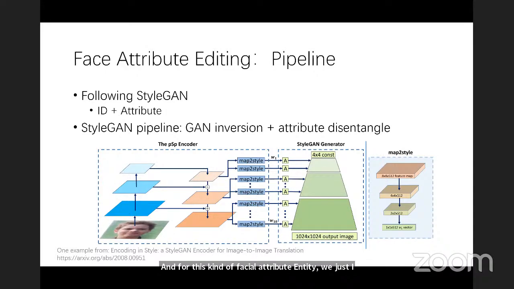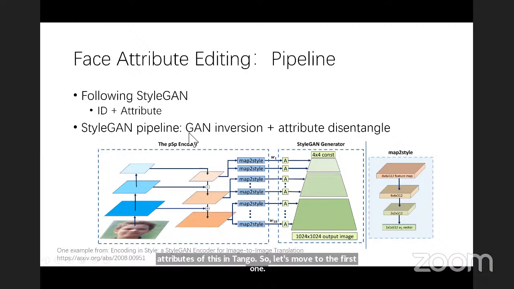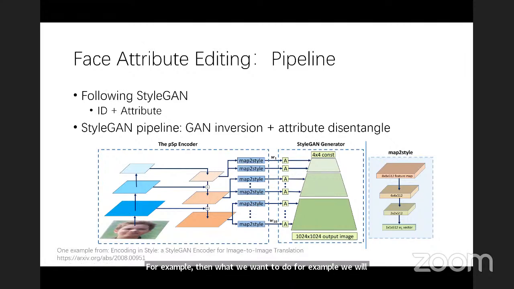There are two important components. The first one is the GAN inversion, and the second one is the attribute disentangle. So let's move to the first one. What is the GAN inversion? The input is your face. For example, we want to change the age of your face, right?